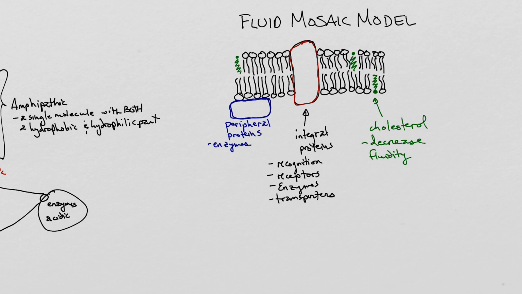These proteins can sometimes act as an anchor for something inside of the cell, like a part of the skeleton of the cell. Or maybe this protein will attach to another protein on another cell and hold the cells together.